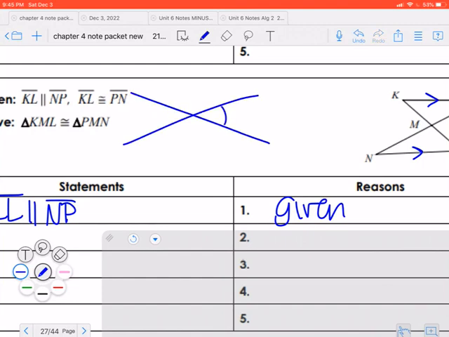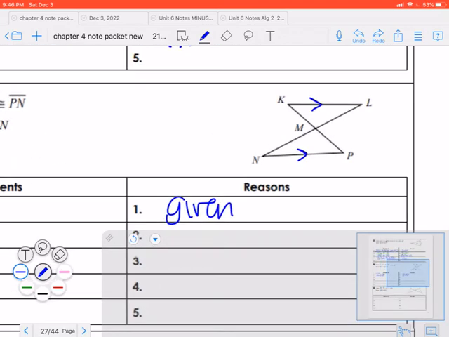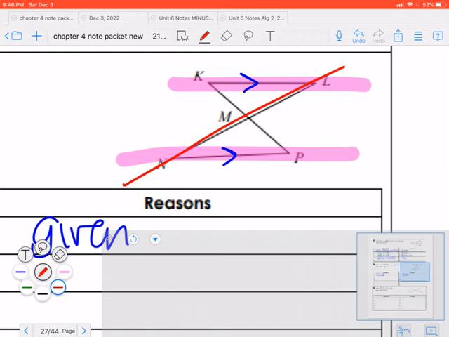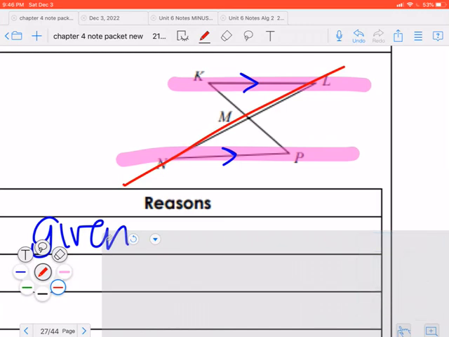Vertical angles is another one. If two lines are crossing, you can say vertical. And I think that was it. And now for the parallel lines. So if we have two parallel lines with a transversal, depending on what the diagram looks like, either you can find corresponding angles or alternate interior.